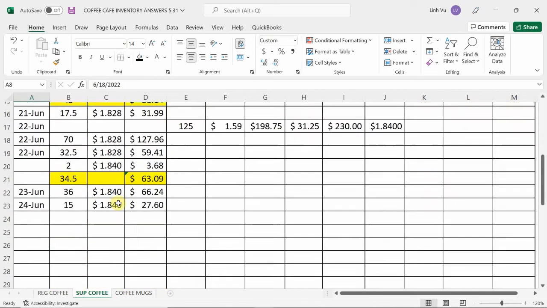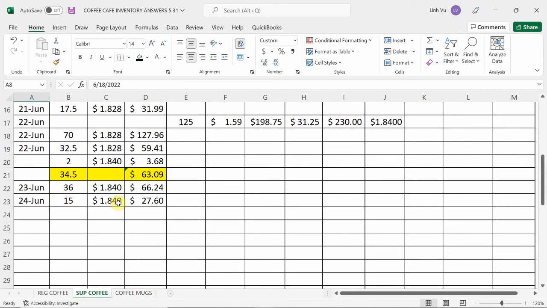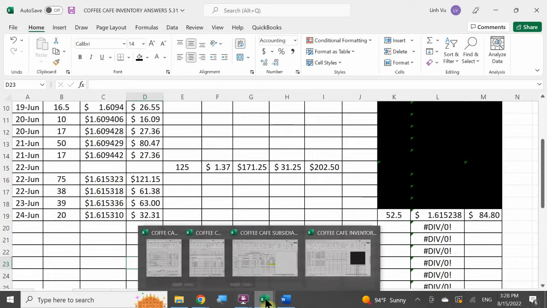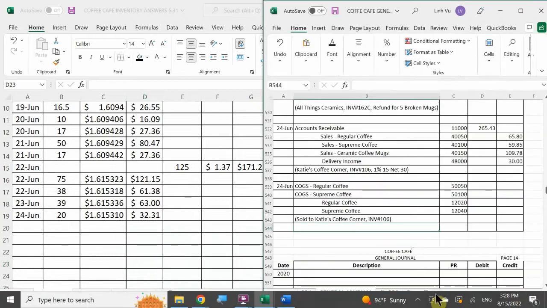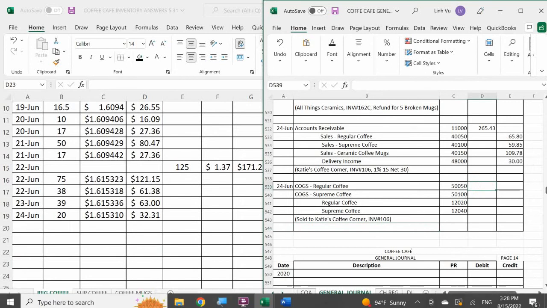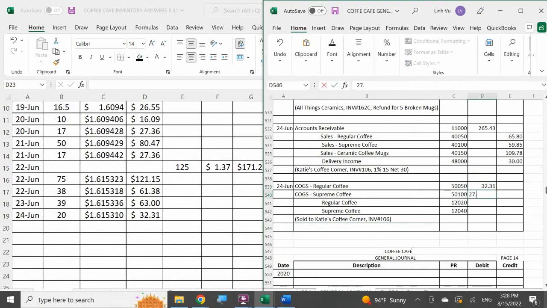And then what it cost us to sell: 15 pounds cost us $27.60 for Supreme, and regular was $32.31. Okay.